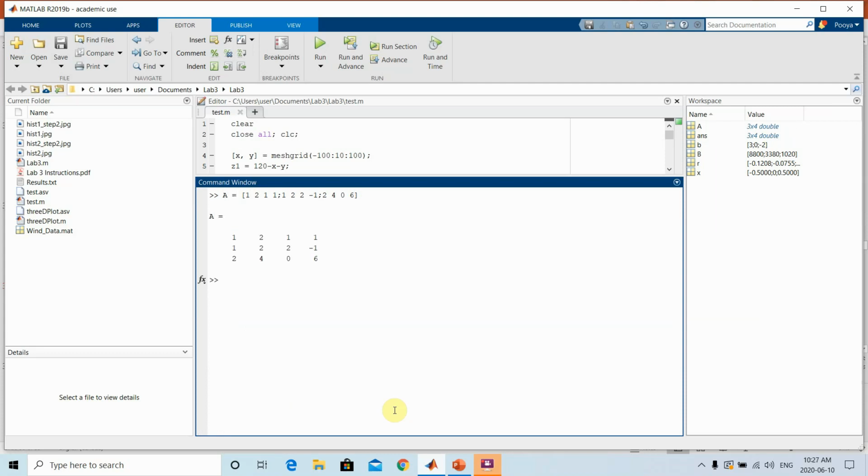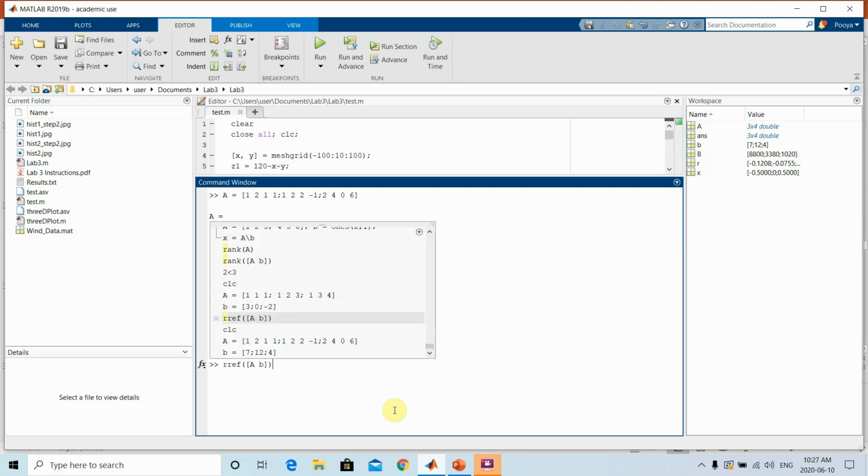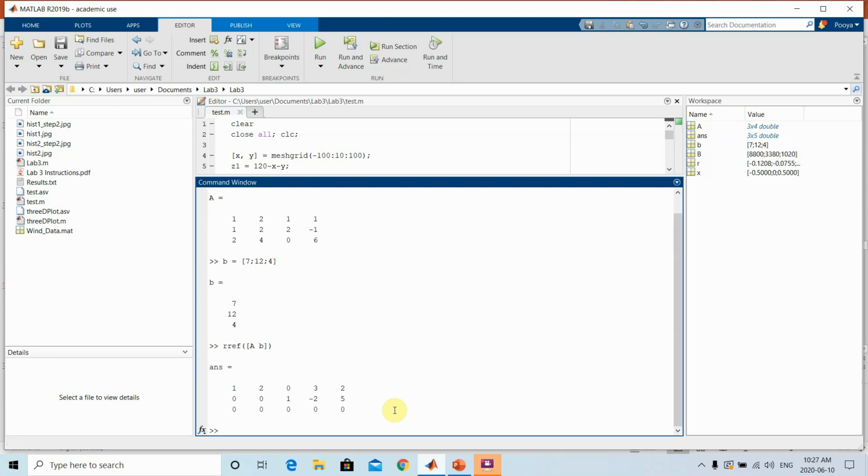This is A, and B is equal to 7, 12, and 4. Okay, and then let's do rref of A and B. This is what we end up with if we do the reduced row echelon form.